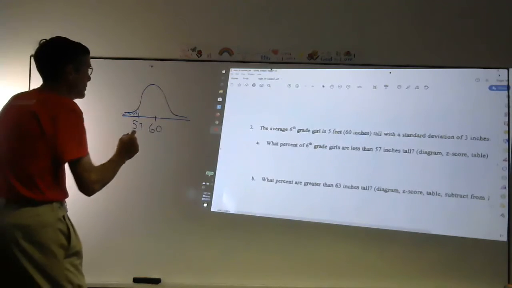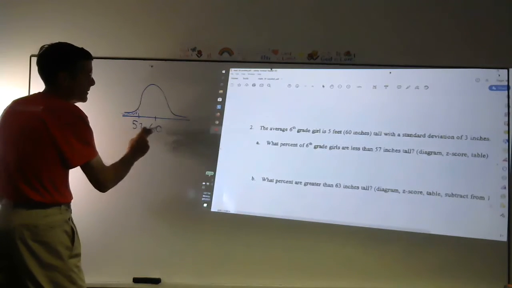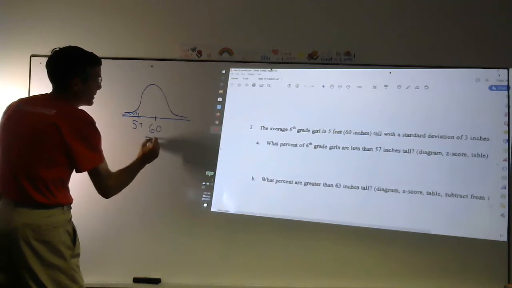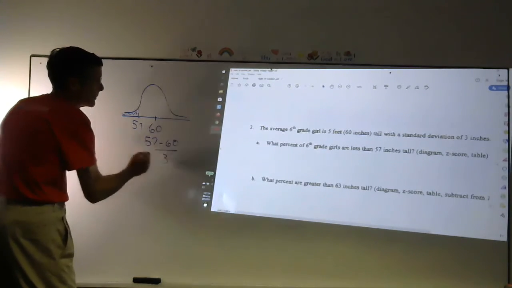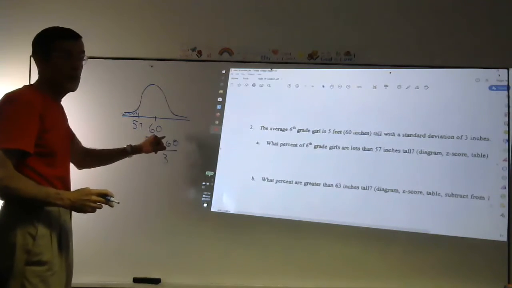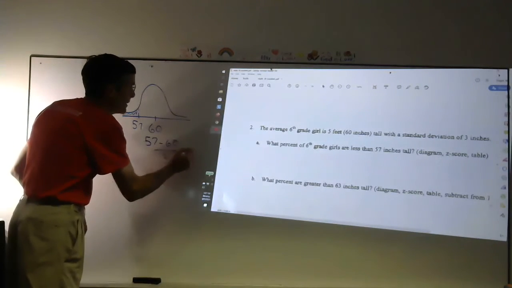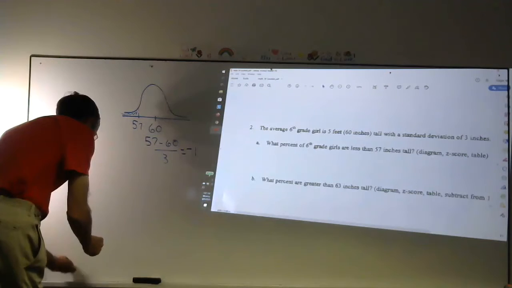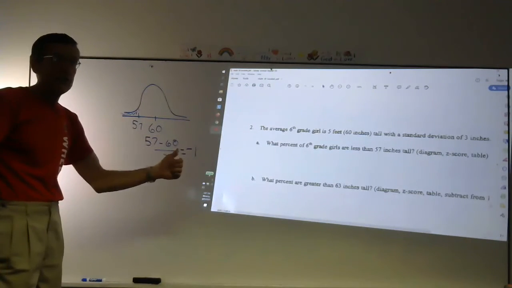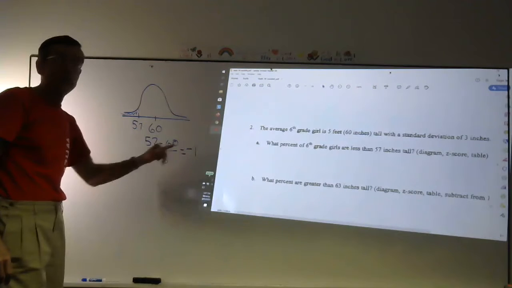Okay, so we are going to do x minus x bar all over the standard deviation. So it's 57 minus 60 all over 3. Yeah, and this one should be pretty easy because the top is -3 divided by 3 is -1. So we know that 57 is 1 standard deviation below the mean because it's negative.